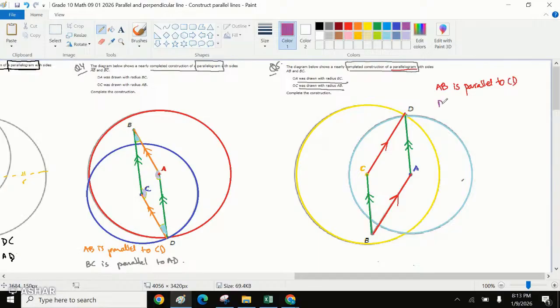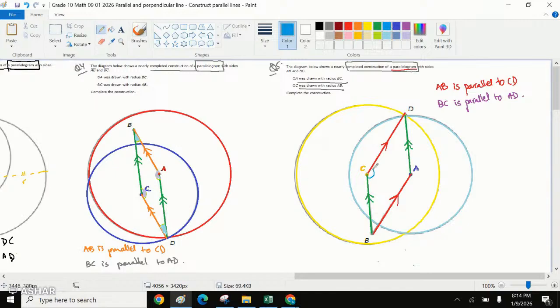And BC is parallel to AD. So since we have two pairs of parallel lines and none of the angles was a right angle, right?